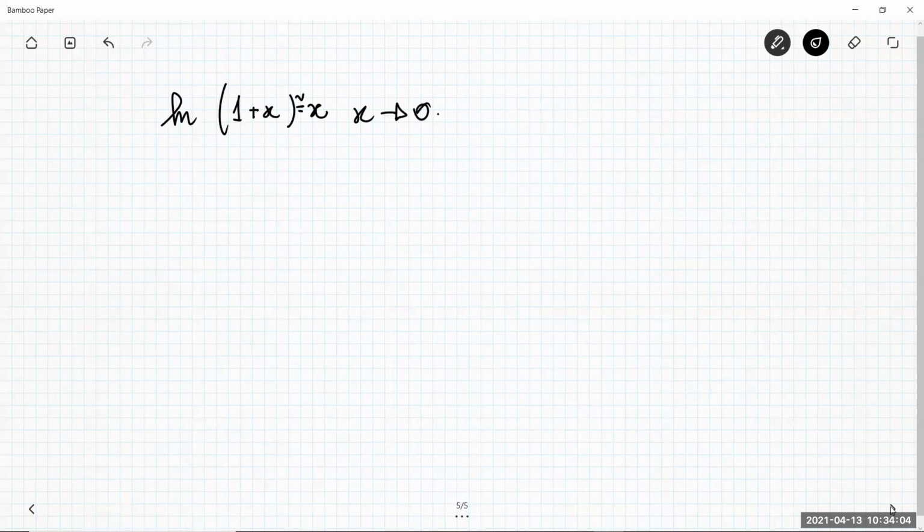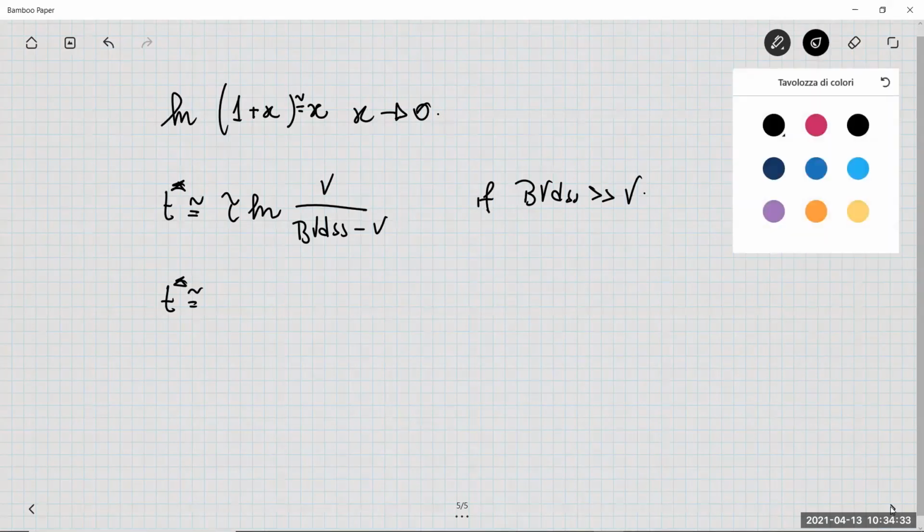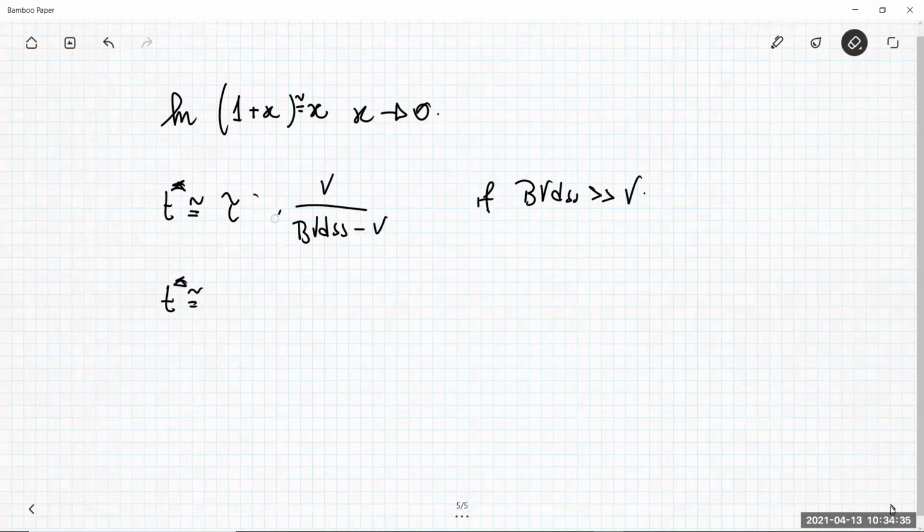So the same happens now for T star. So T star is nearly equal to tau times the x term, which is V over BVdss minus V. This is if BVdss is much larger than V. Okay, so for T star, there is no more the logarithm here.